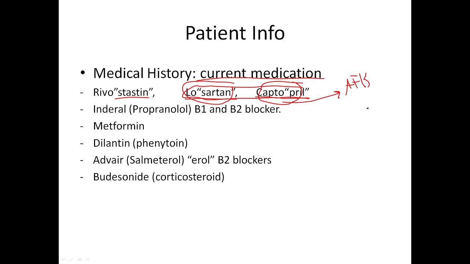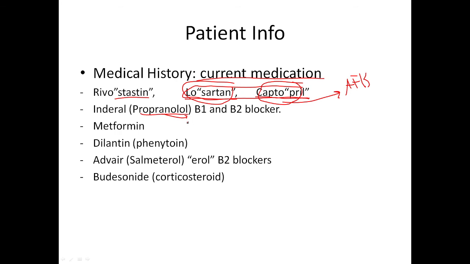So you want to go back and read those if you have problems with them. Some popular ones, for example, propranolol, which is a beta 1 beta 2 blocker. It could be used for hypertension, but not mainly for hypertension. It's usually used for other reasons, for cardiovascular conditions or, for example, congestive heart failure.